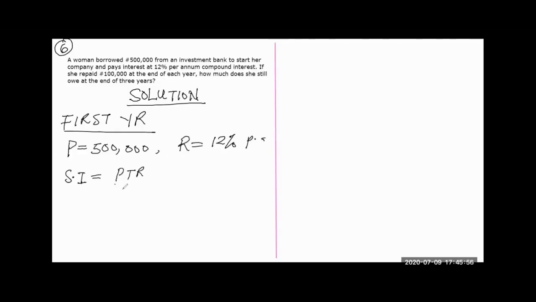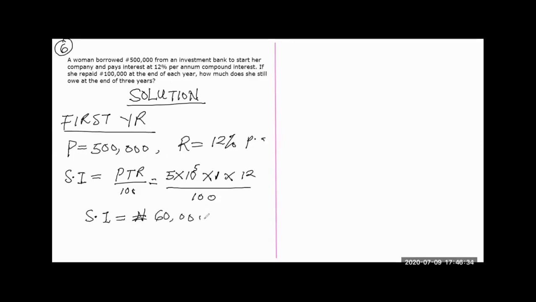PTR over 100 is equal to 500,000, in standard form 5 exponent 5, multiplied by the time, which is just 1 year, because we are looking at only the first year. We want to solve this problem year by year, so the time is 1, multiplied by 12, divided by 100. When we evaluate this with a calculating device, the interest that she is expected to return to the bank where she borrowed this money is now 60,000 naira.